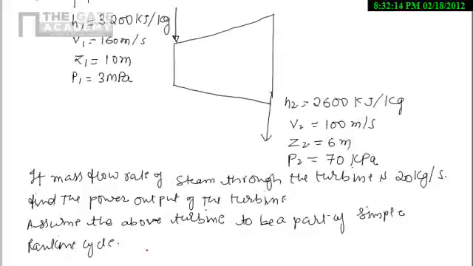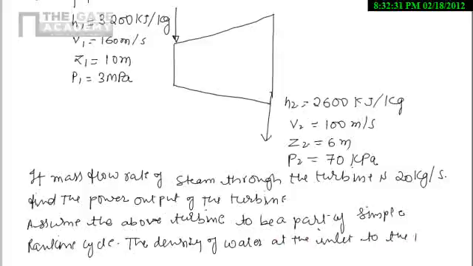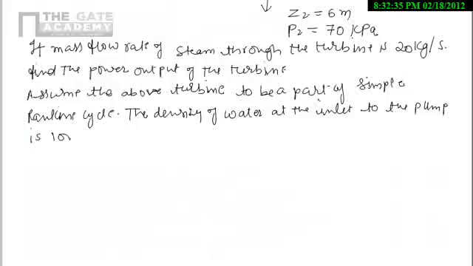The density of water at the inlet to the pump is 1000 kilogram per meter cube.